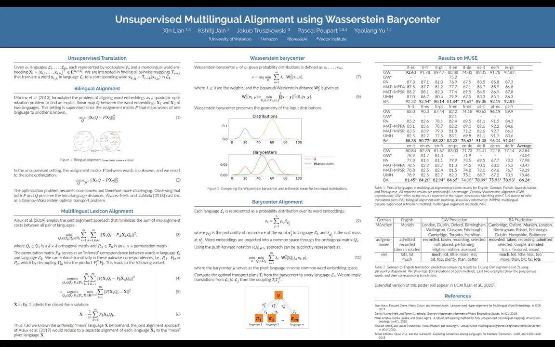Our work is mostly inspired by the work of Jean Alex et al. from the ICLR 2019 paper. They formulated a joint alignment approach that minimizes the cost of misalignment.